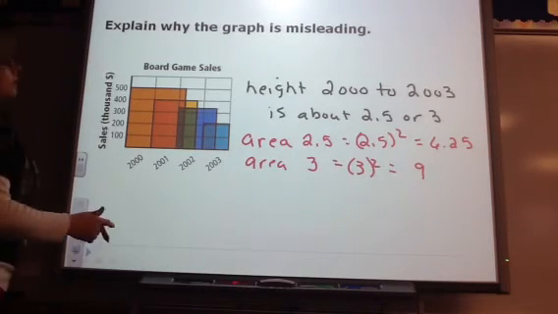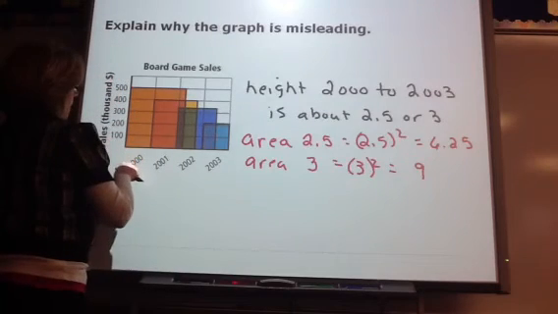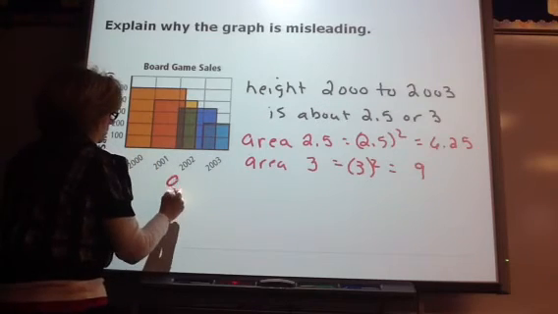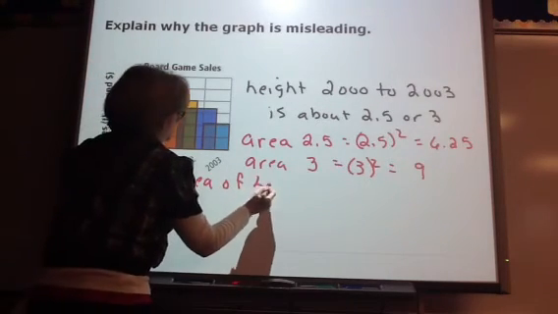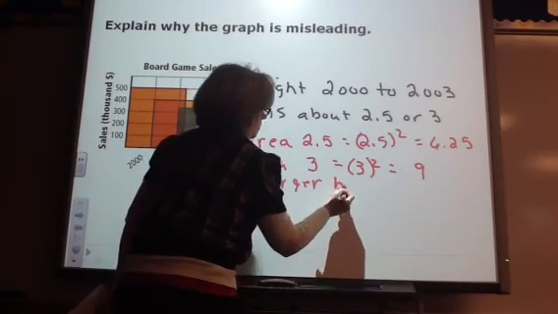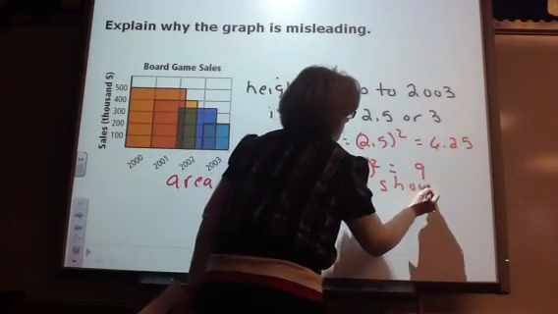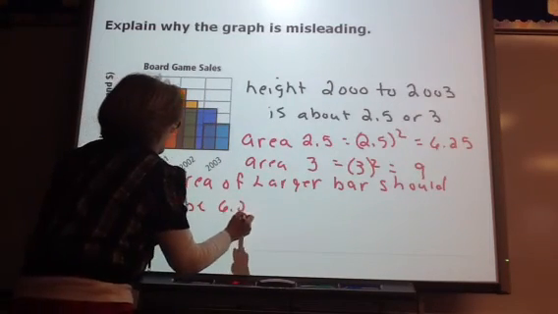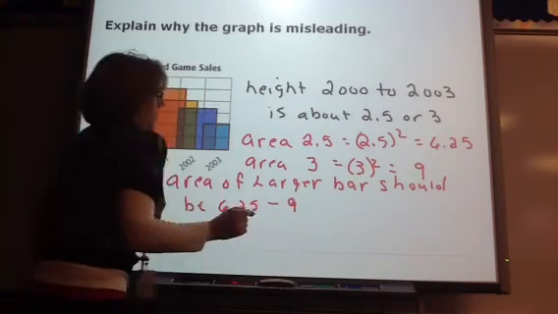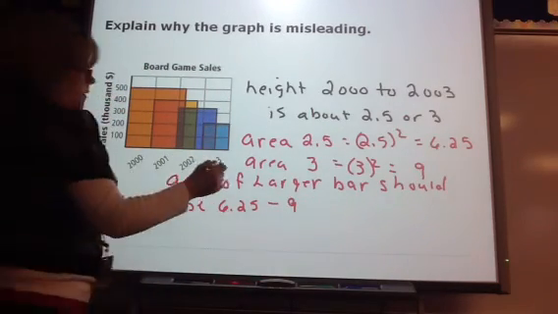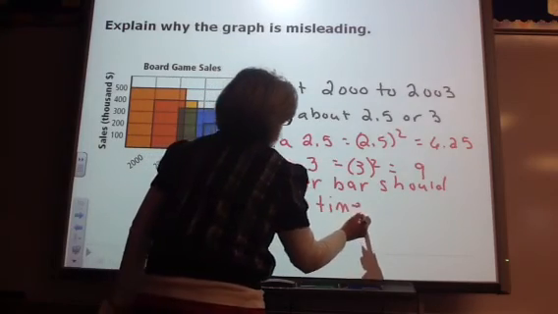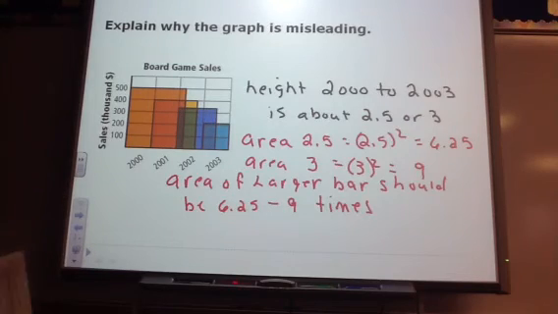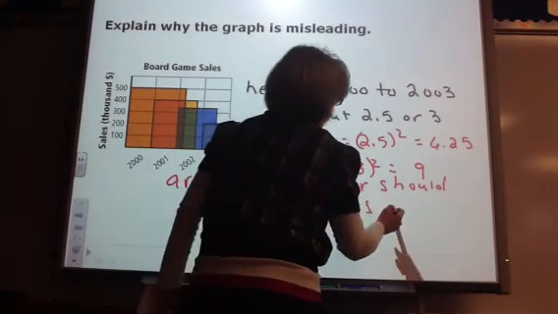Okay, so what this is telling us is the area of the larger bar, which is this one right here, should be 6.25 to 9 times the area of the smaller bar.